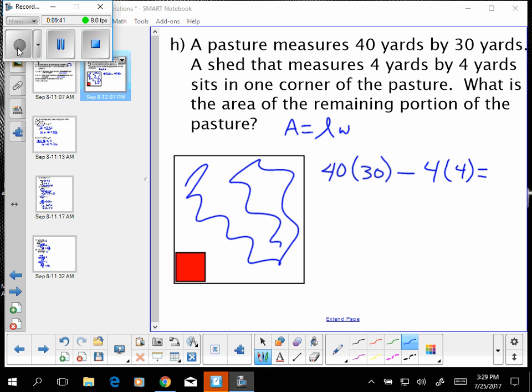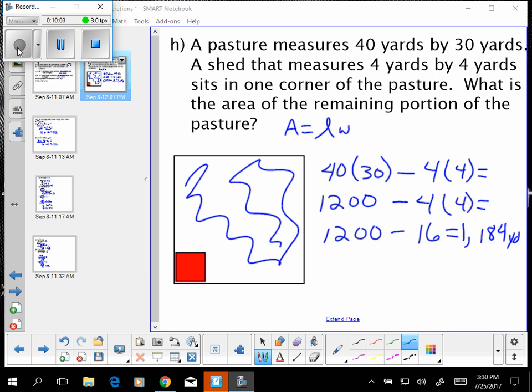Working from left to right, I need to do this multiplication first. 1200 minus 4 times 4. Then I have the other multiplication to do, 1200 minus 16, which equals 1,184 yards. And remember, it's area, so we're going to take yards squared.